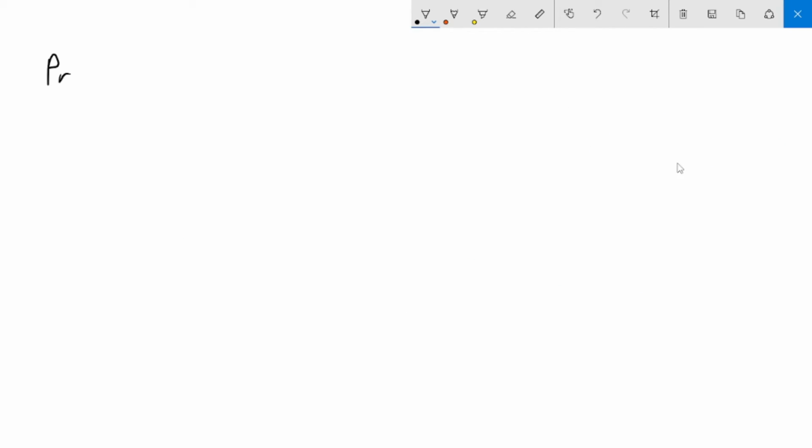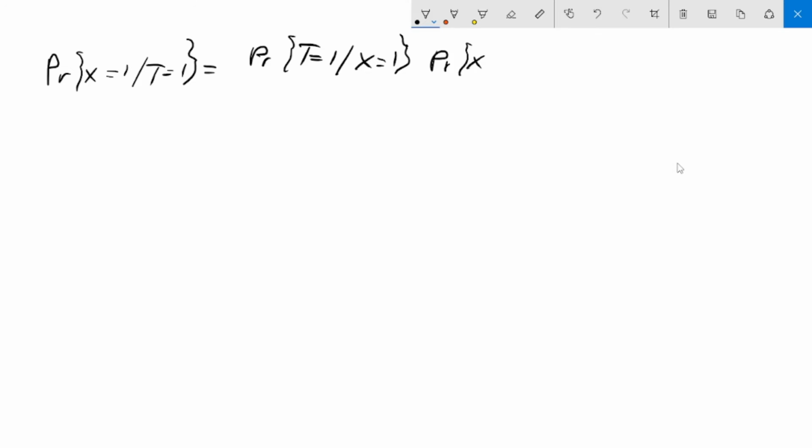So we have previously that the probability of x equal 1 given t equal 1, which is what we are looking for, is equal to the probability of t equal 1 given x equal 1, which is the likelihood, times the probability of x equal 1, all of this over the probability of t equal 1.